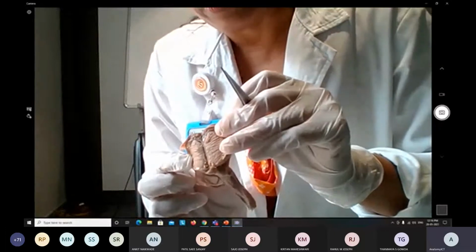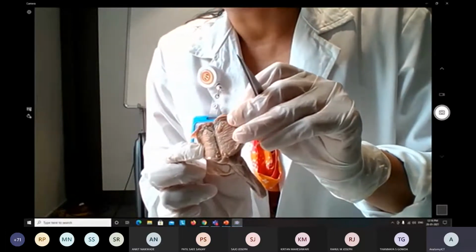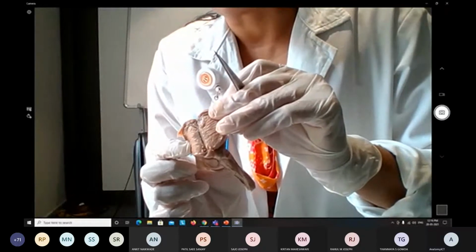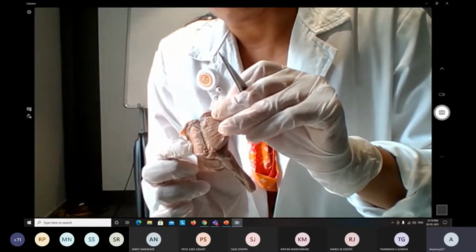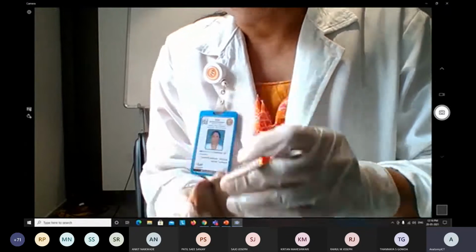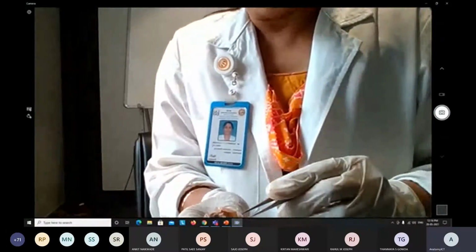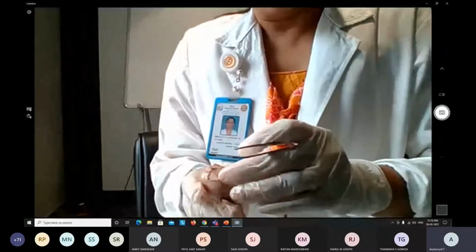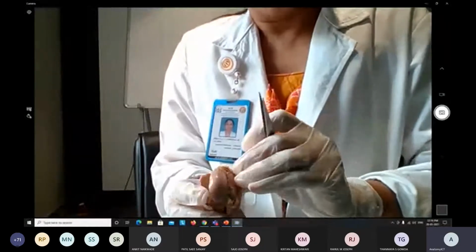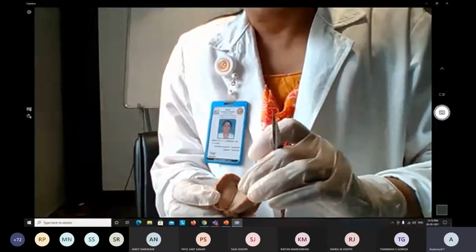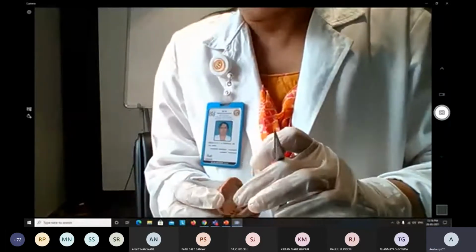Every seminiferous tubule is covered by the tunica vasculosa. So three coverings are there: the visceral layer of the tunica vaginalis, then the tunica albuginea, and lastly the tunica vasculosa.